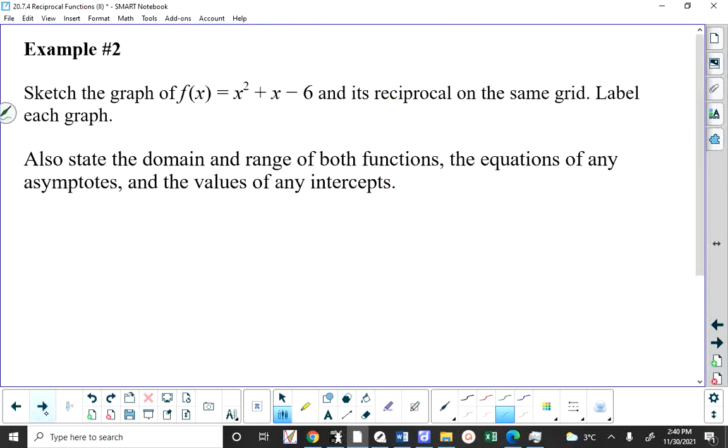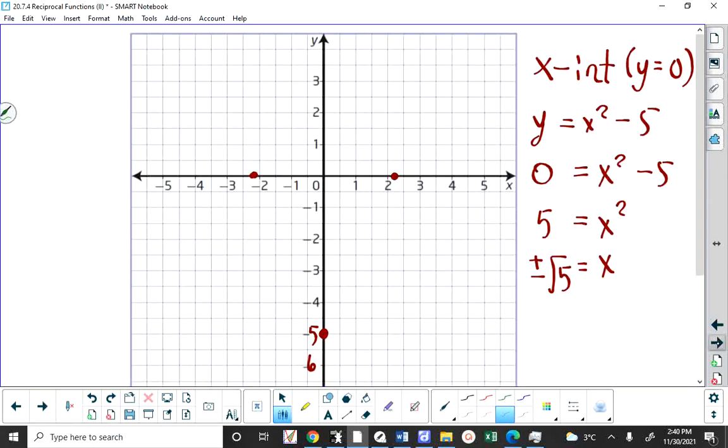My computer is really sluggish. Sketch the graph of x squared plus x minus 6. Label that graph and the reciprocal. I don't think we need to go through as much detail in this example with domain and range and everything. Let's sketch x squared plus x minus 6.